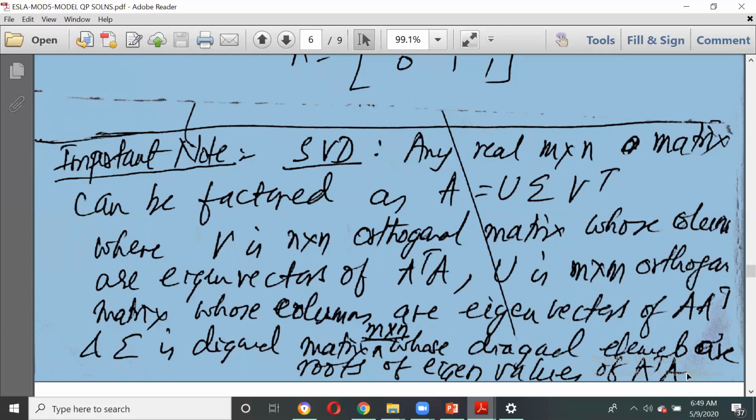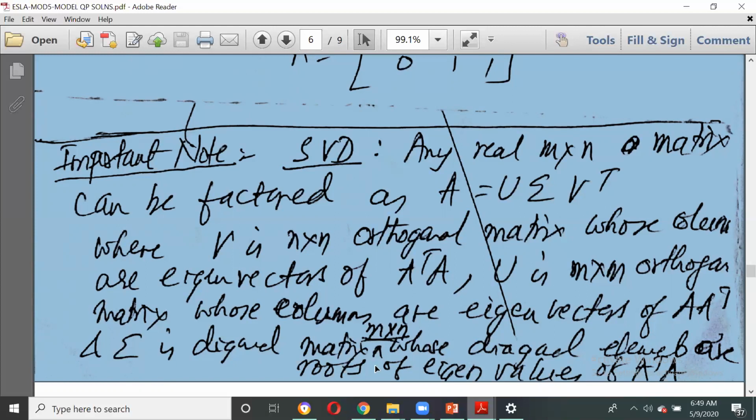Either of them you can write. So we need to find this, find its eigenvalues, find its eigenvectors.